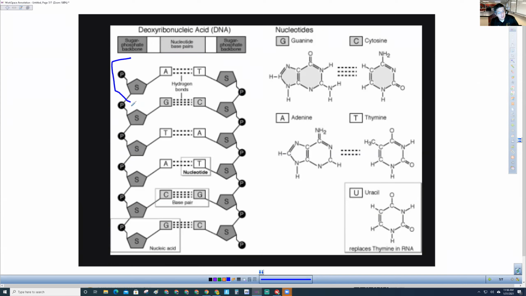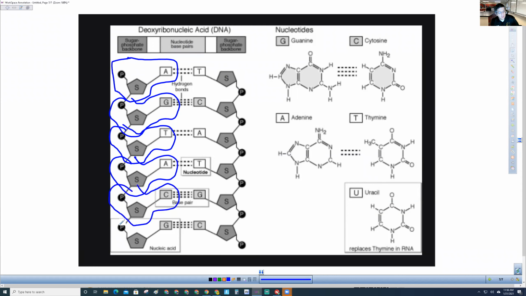So this right here is one nucleotide. This is another nucleotide. This is another nucleotide. Another nucleotide. Another nucleotide. See that? That's a string of nucleotides.